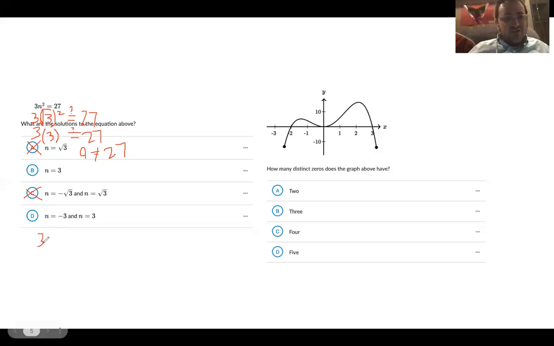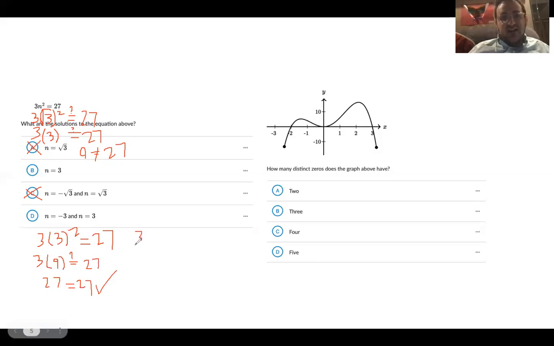So let's go to 3 times 3 squared. I could get 3 times 9, and see, does that equal 27? It turns out that we get 27 equals 27. So this means that 3 is a solution.